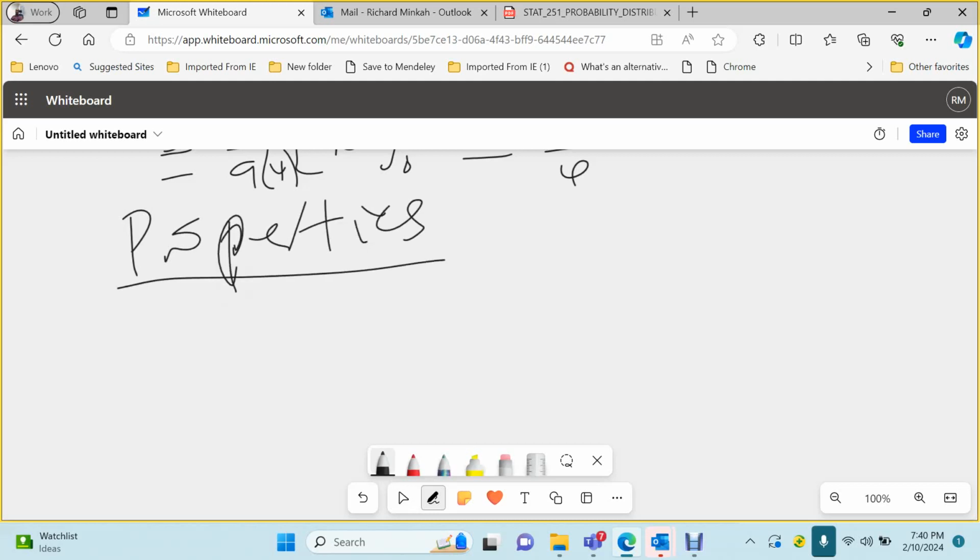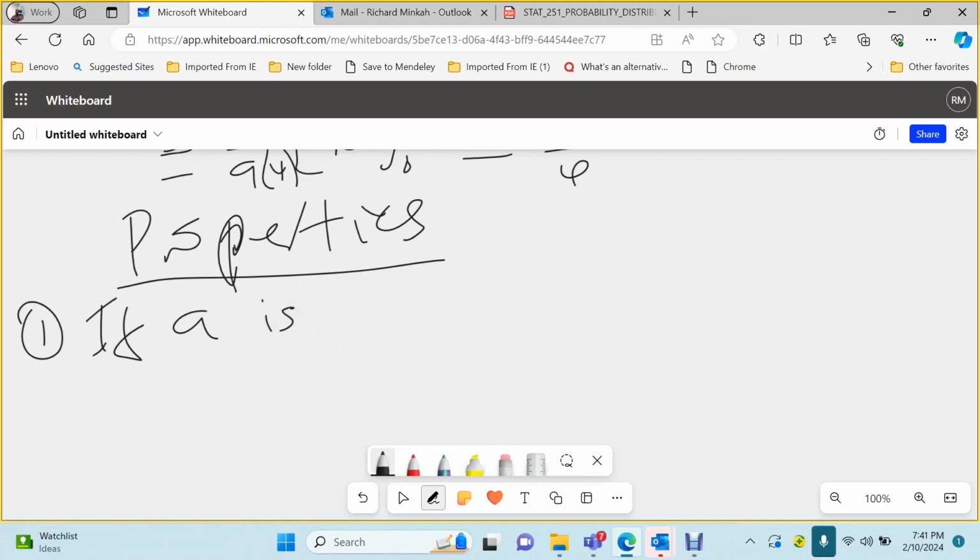Properties. Okay. So 1. If A is a constant, it's difficult for me to write, but of course I'm saying it. Even now, you understand what I mean. Bear with me, it's a bit tough to write on the screen.